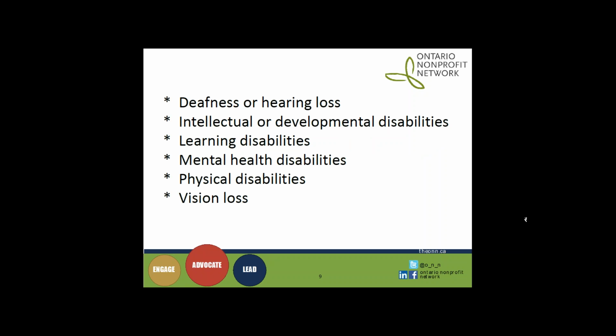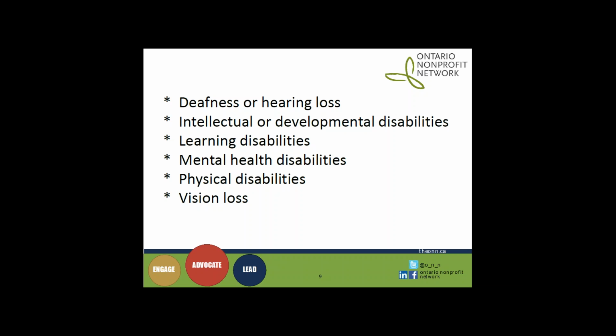So this is not a 100% comprehensive list, but it starts to give you an idea of what is included in the list of a disability. And if you go onto the Ontario Human Rights website, you can find a much more detailed and descriptive explanation of what constitutes a disability, should you want to know.